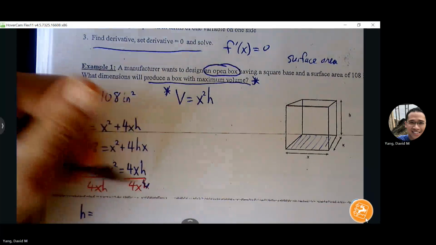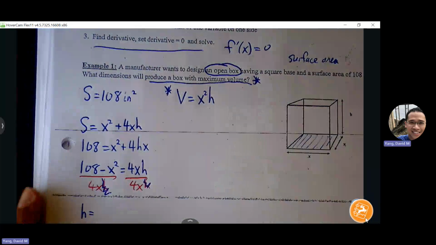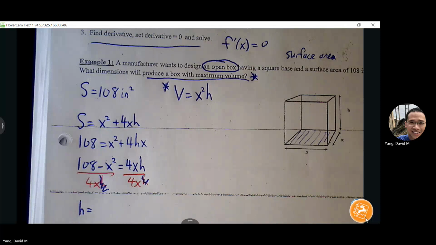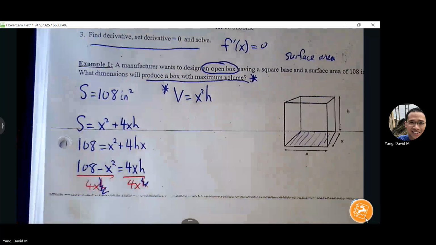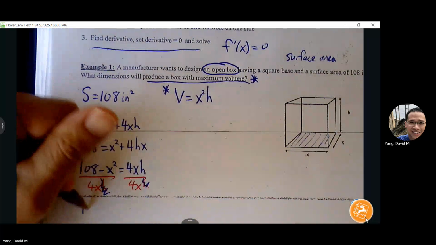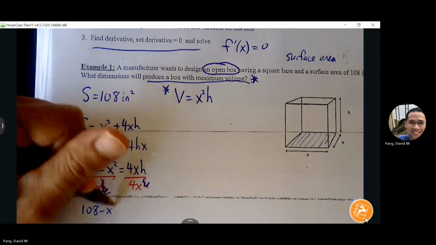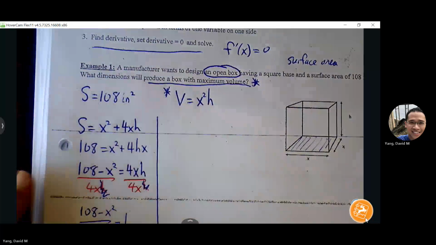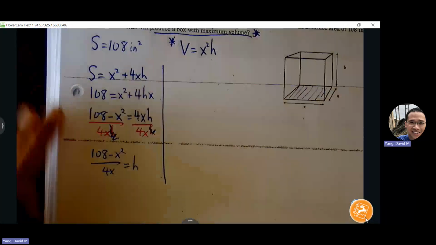Sorry, my bad. I'm just dividing by 4x, keeping the h. Okay, make my substitution.